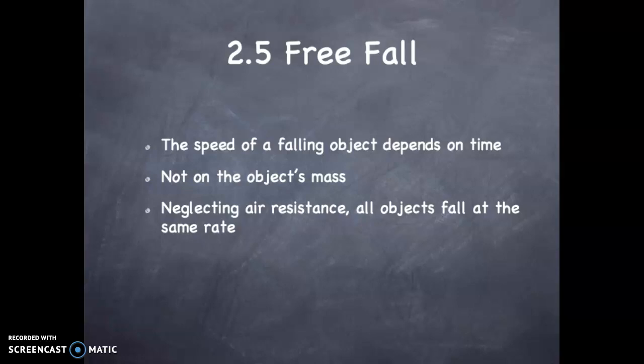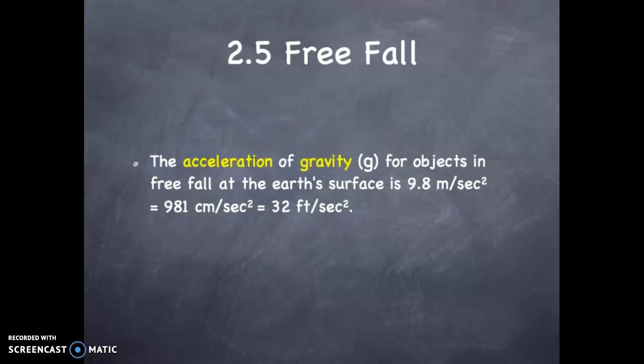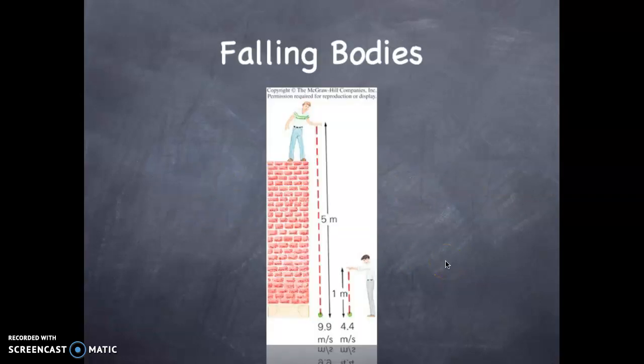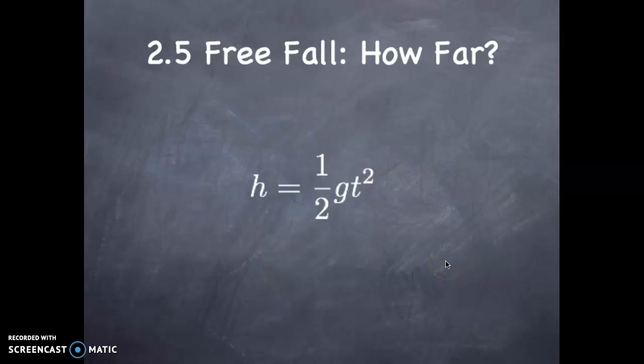And as I said earlier, if you neglected air resistance, all objects fall at the same rate. And that rate turns out to be 32 feet per second squared, or 9.80 meters per second squared, or 981 centimeters per second squared. Okay, this is an illustration of a falling object.